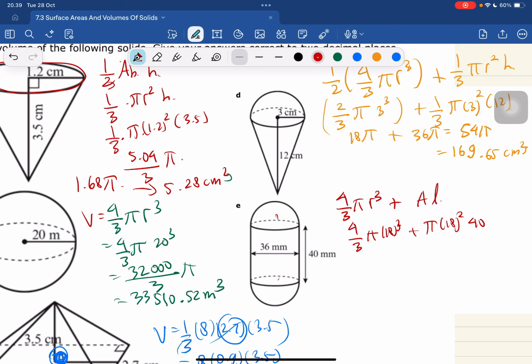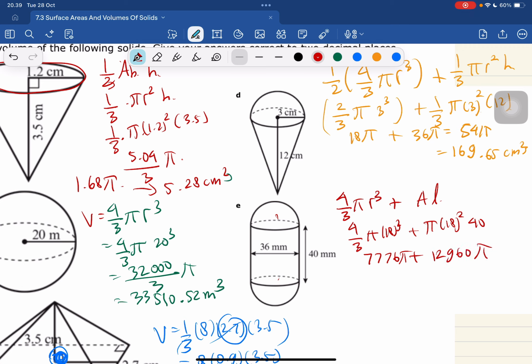So let us do the multiplication first. We got 18 cubed, and we can divide by 3 times 4. So it's going to be 7,776 pi plus 18 squared times 40 pi, which is 12,960 pi.